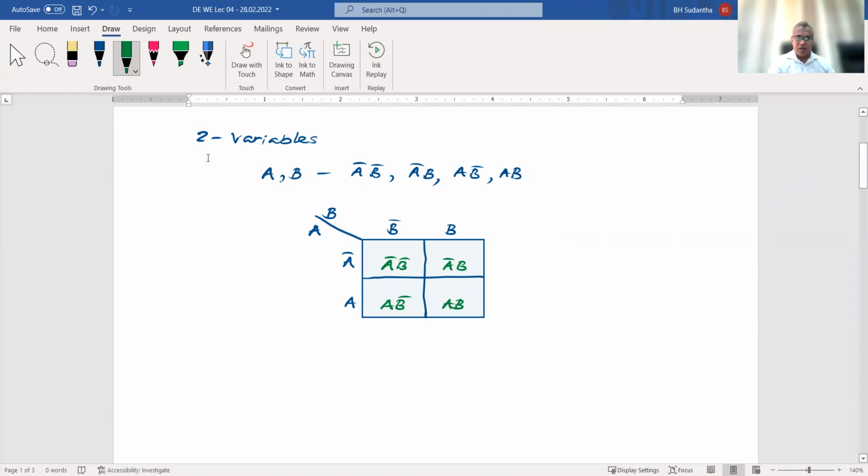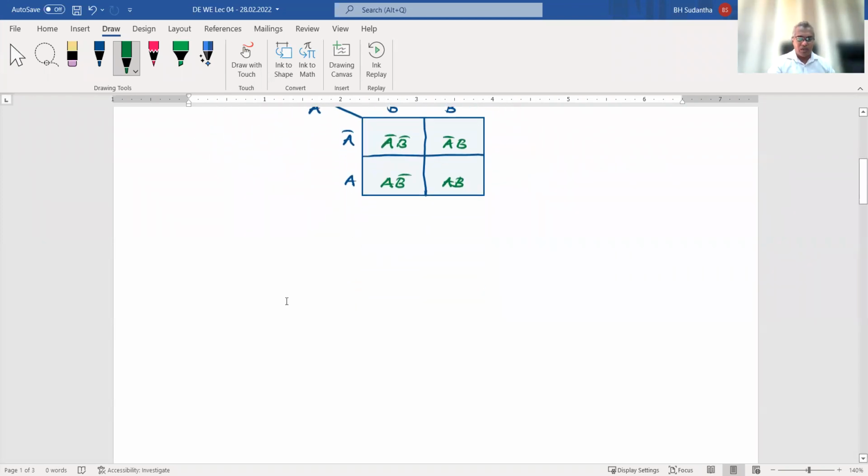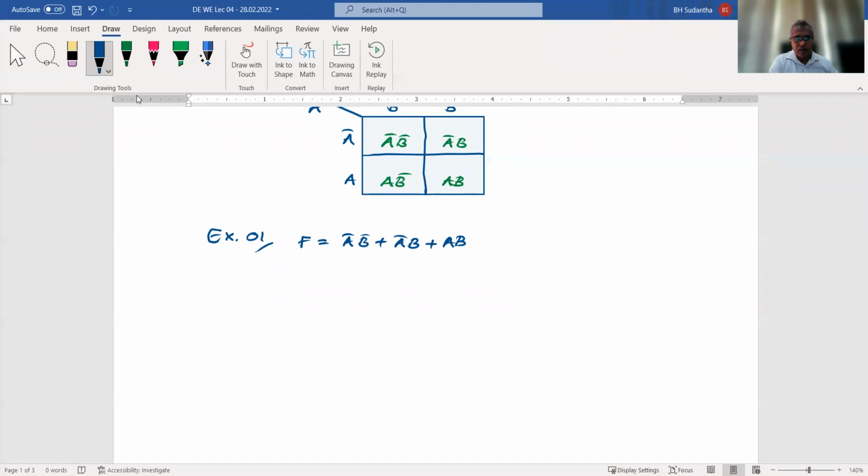Shall we directly move into an equation? Shall we try to minimize this equation: F equals A bar B bar plus A bar B plus A. How can we minimize this one?